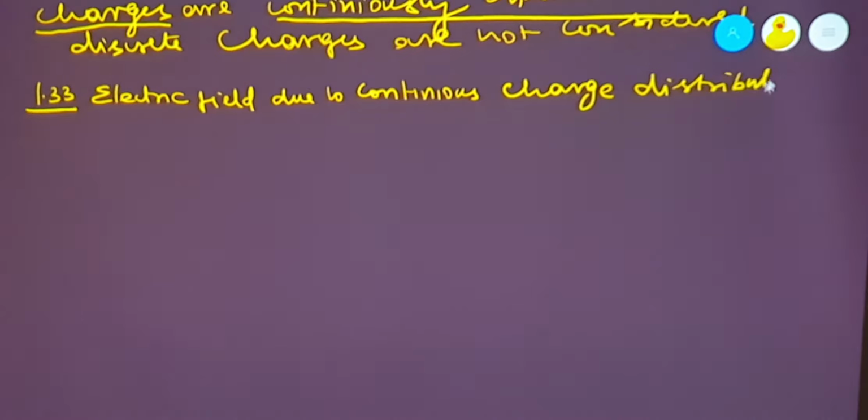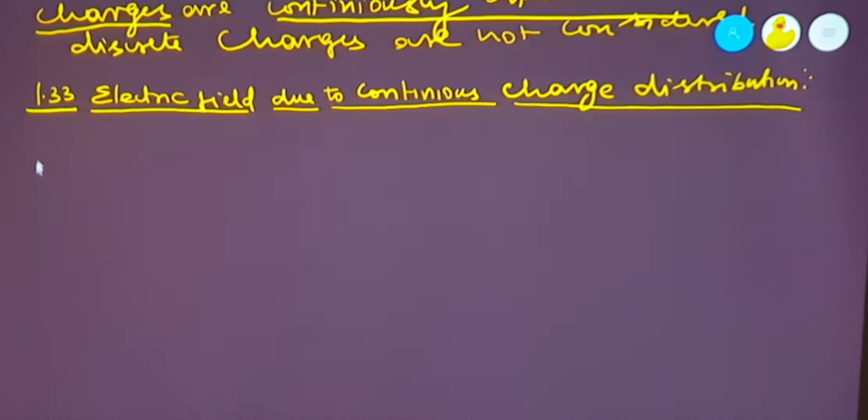What we studied previously was an introduction, and from here we are going to derive an expression. Let us see. In order to derive an expression, I am considering an irregularly shaped rigid body.